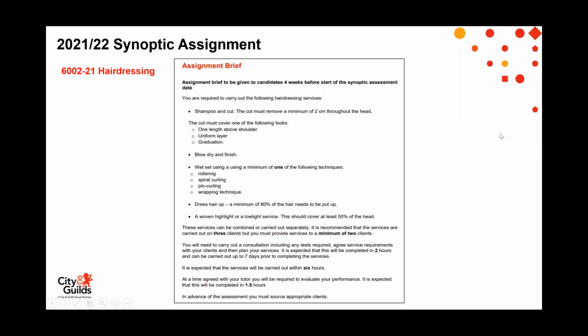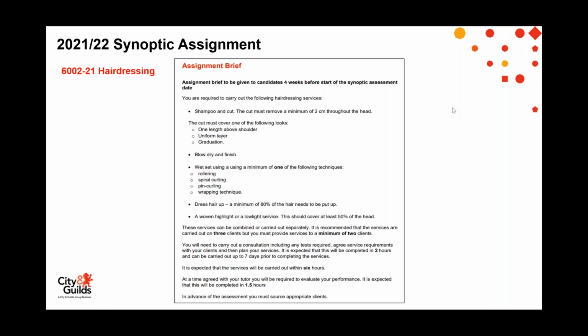But obviously, if they were to make a mistake, then that is reflective in their marking and their observation on the day. And obviously, they're not required to do that. That would be considered more a level 3 technique. So obviously, keeping to those foundation services is something that we've noticed and I would highlight.